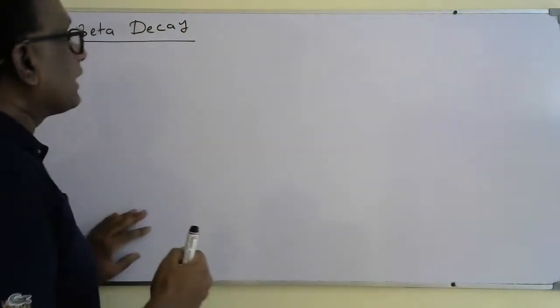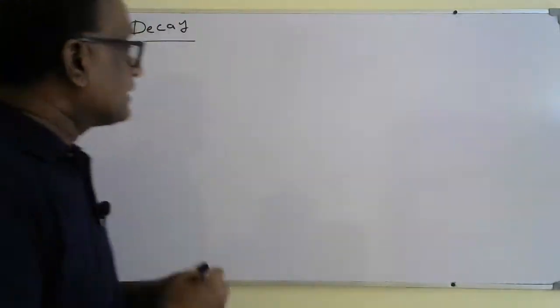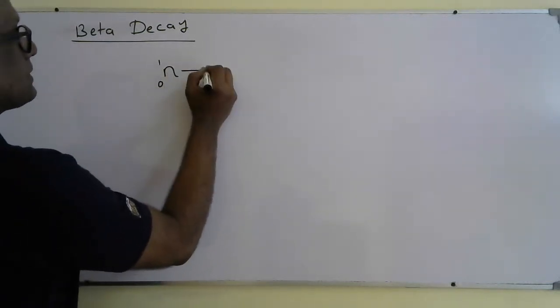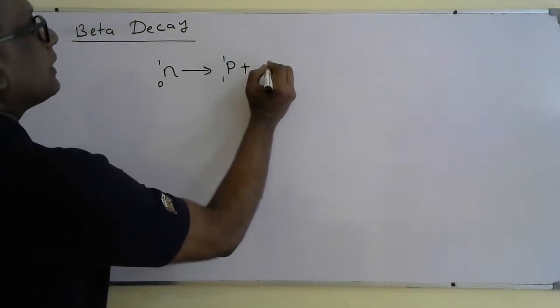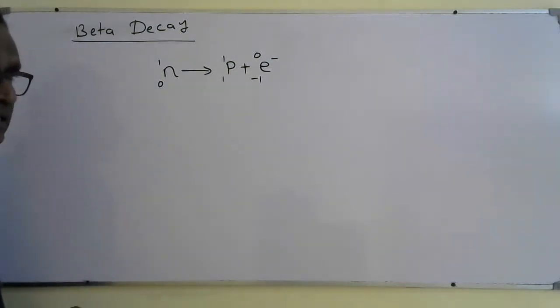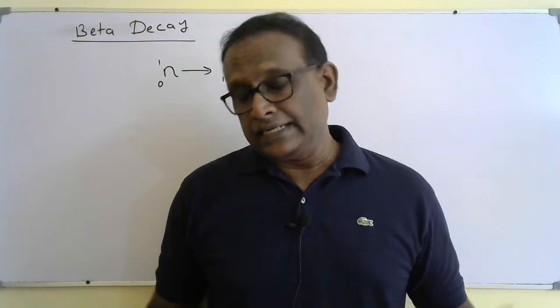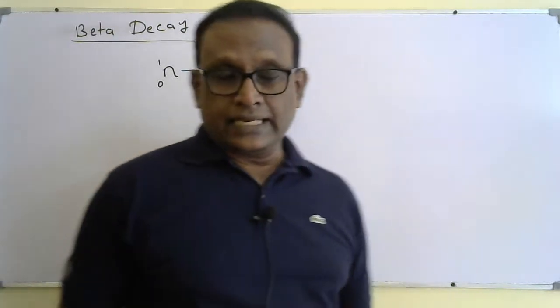The fundamental reaction is: neutron (1,0) decays into a proton (1,1) and emits an electron (0,-1). This is the beta particle. When it was first found, they didn't know it was an electron, so they called it beta, but we know it's an electron.